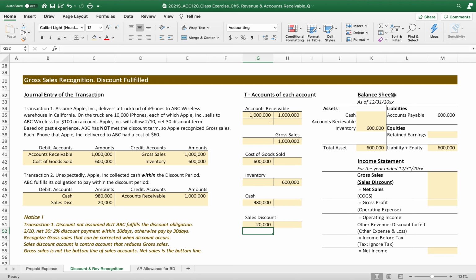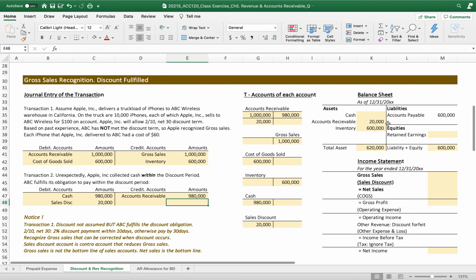Now let's post this T account of each account on the balance sheet and income statement. Accounts receivable, now we don't have anything. Okay, again, if we had recorded 980, what happened?